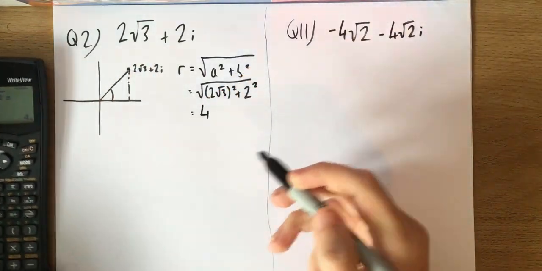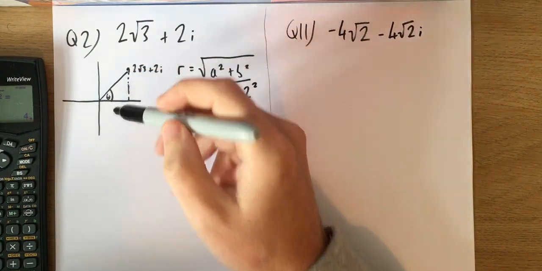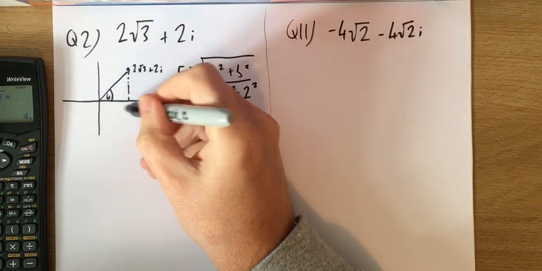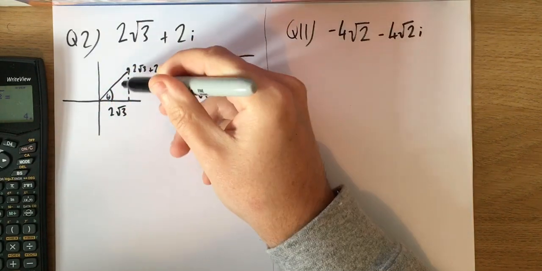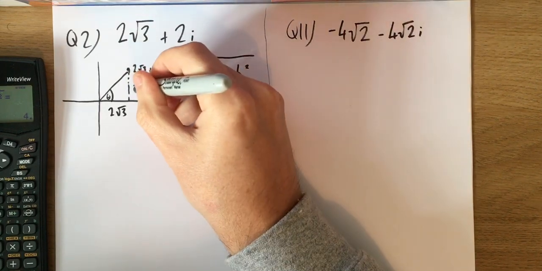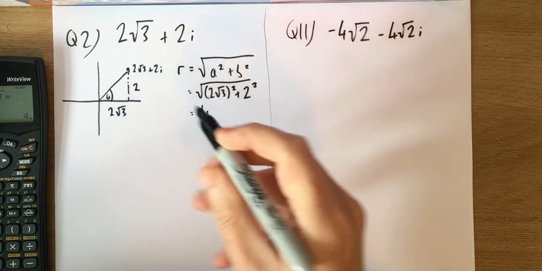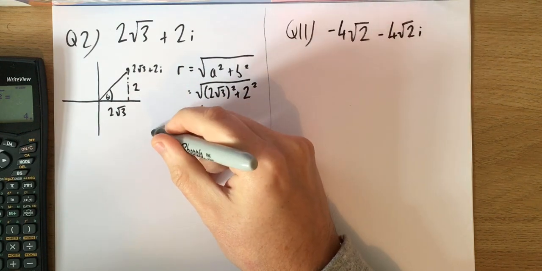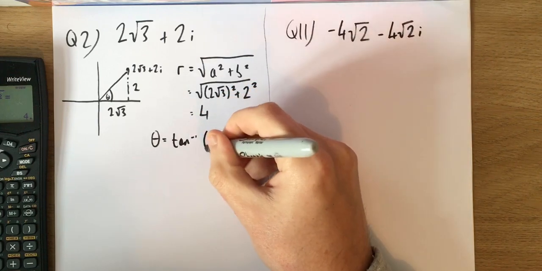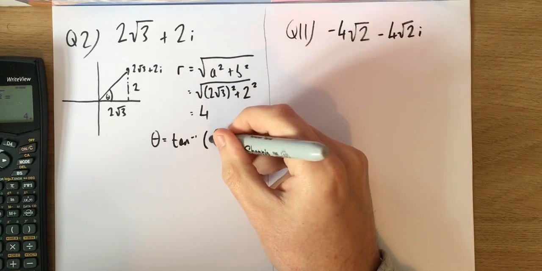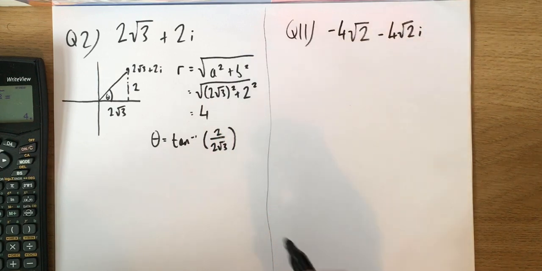Other thing we need is this angle. So I have a right angle triangle where this side here is 2 root 3 units and this side here is 2 units. Okay, so tan is opposite over adjacent. So if you get the tan inverse of opposite over adjacent, 2 over 2 root 3, you'll get that angle.